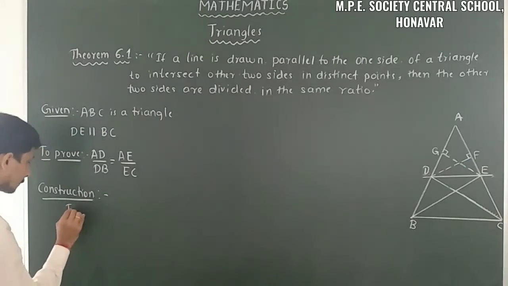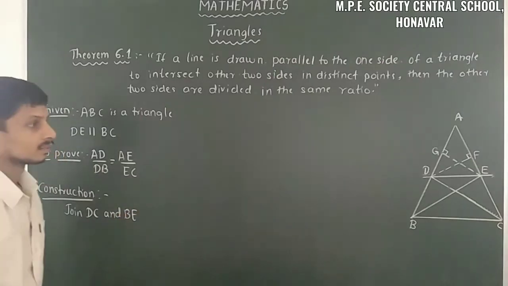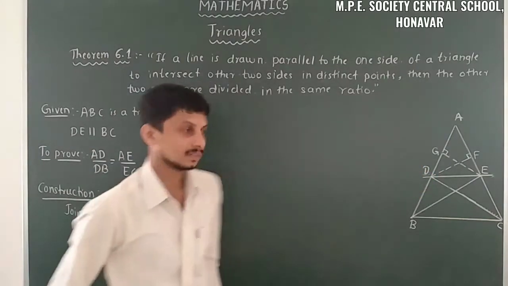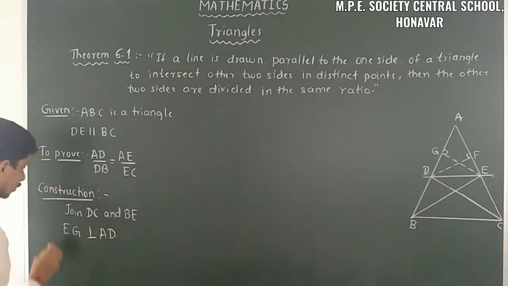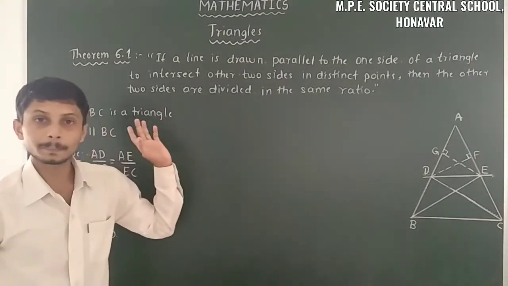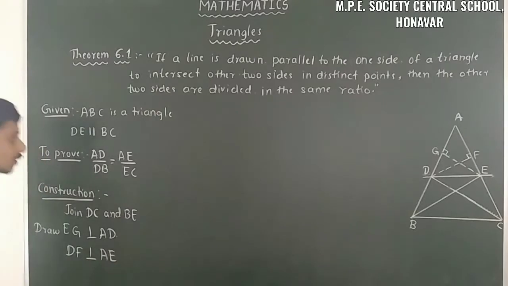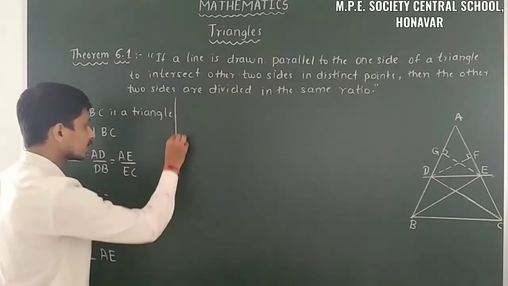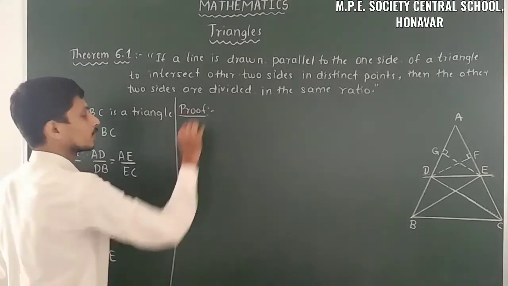Then draw EG perpendicular to AD and DF perpendicular to AE. We have to construct these because of our requirement. Yes, so let us take the proof. After this we have to take the proof here.